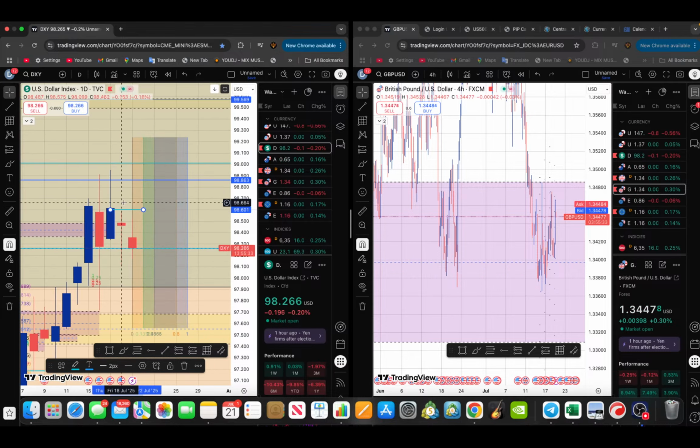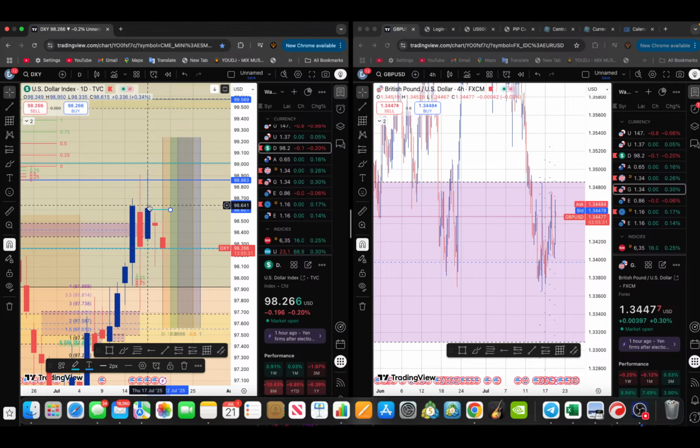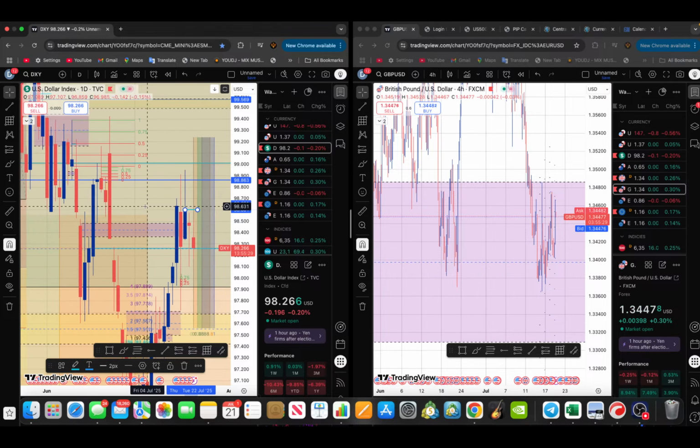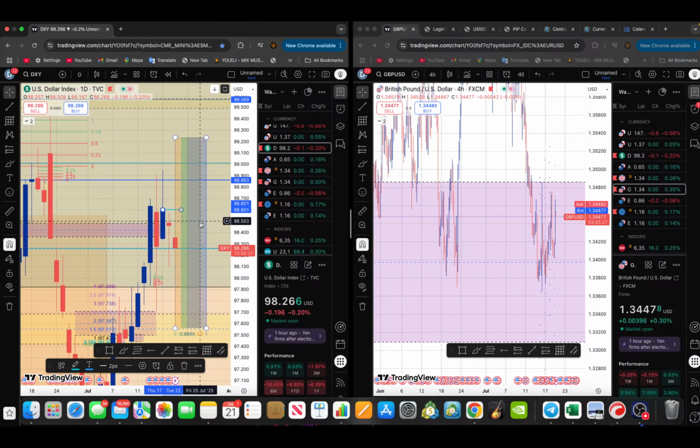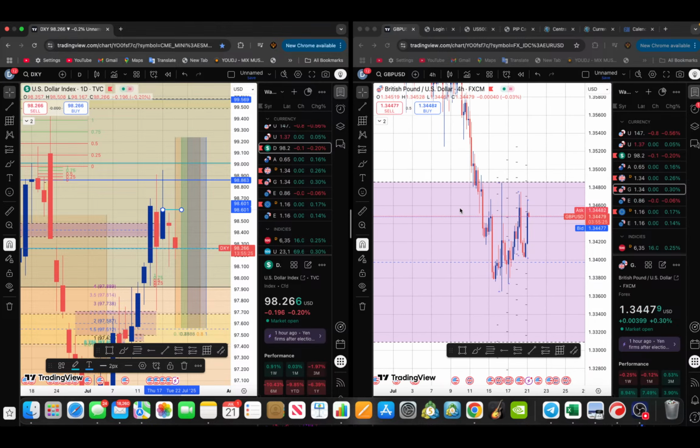So yeah, doesn't look too bad. It just looks like it's going to come to the rejection block here and then start moving lower. That does seem like the possibility here at this moment in time. Once it goes there, it has to respect this rejection block and start making its way lower.